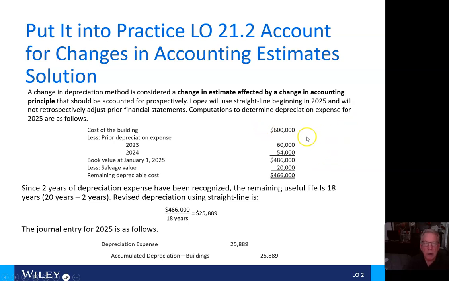And we've already depreciated 2 years, so there's 18 years remaining. So we take the $466,000 and divide that by the 18 remaining useful life years, and we get $25,889. And so the journal entry follows with a debit to depreciation expense and a credit to accumulated depreciation buildings for that same amount.